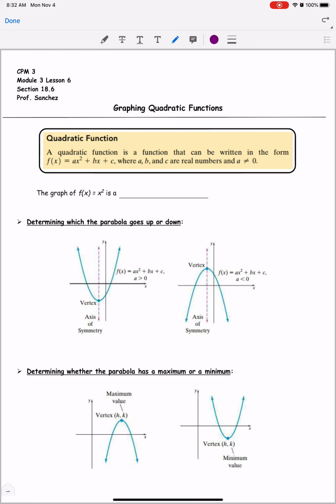When you have a squared term and that's your highest exponent, it makes the shape of a parabola, okay? Not "parabola," okay? It's not a disease, a parabola.